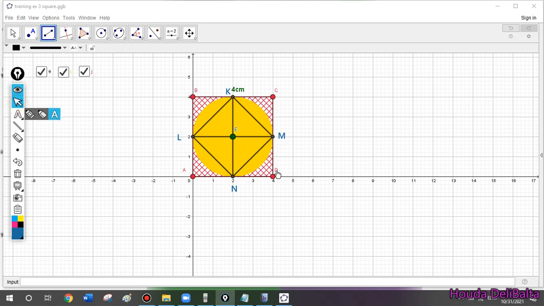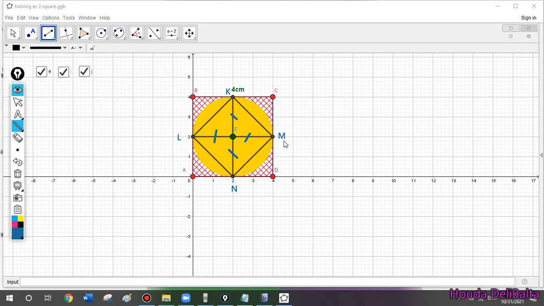And because they are radii, then they are equal. And by this, we can say that the diagonals bisect each other. I have that these pieces are equal, and by comparison, I can notice that all of these segments are equal because they are radii, and as I told you, KN and LM are equal because they are diameters of the same circle.